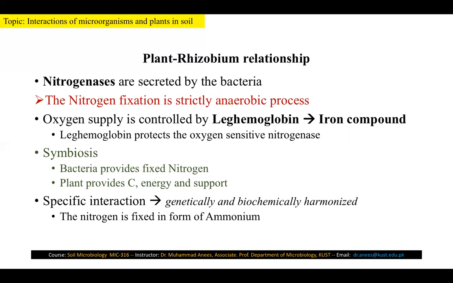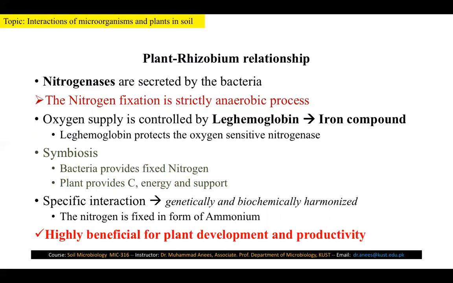It is a genetically and biochemically harmonized process. Some genes activate some other genes, and as a result, some chemicals are produced. So it's a highly harmonized system. The nitrogen that is fixed inside the nodules is in the form of ammonium. So this interaction between microorganisms and plants is highly beneficial for plant development and productivity.